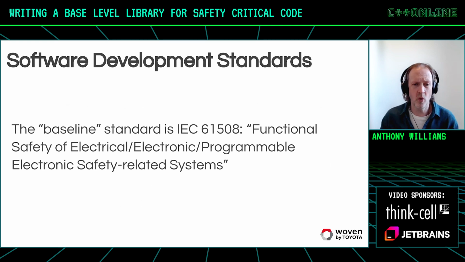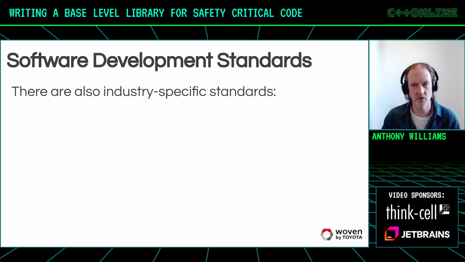Pretty much all the process standards for safety critical software use as their baseline IEC 61508, functional safety of electrical, electronic or programmable electronic safety related systems. This is like the master standard that covers everything, but then from that, industries tend to have their own specific ones.